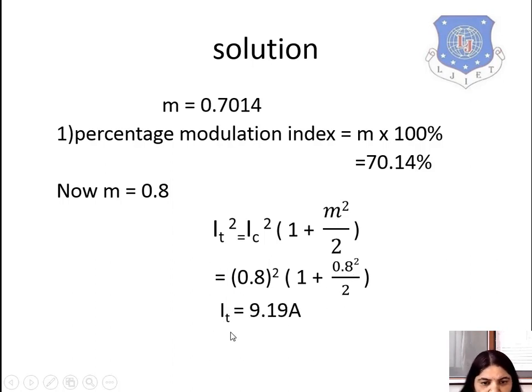So you can find out the IT value is equal to 9.19 ampere. Similarly, you can solve the other examples to get an idea about the AM current calculations. So this is about the topic AM current calculations.